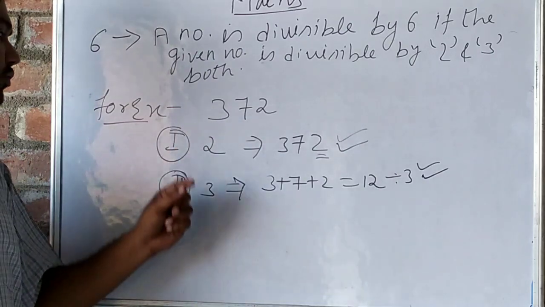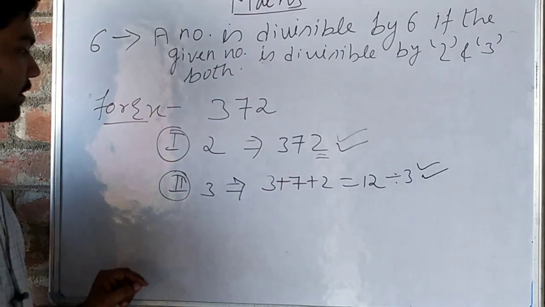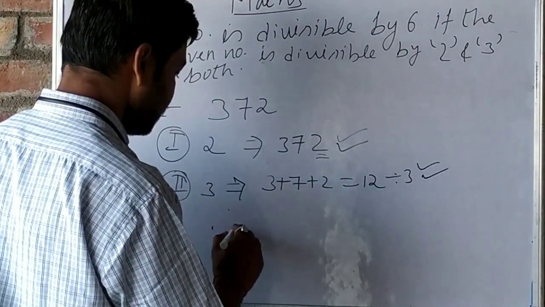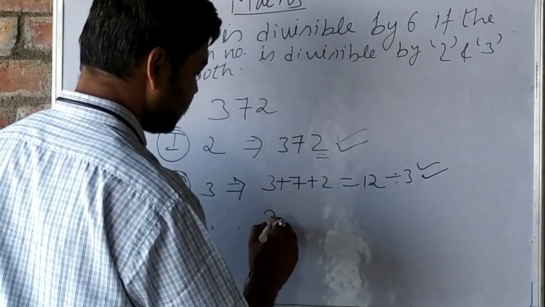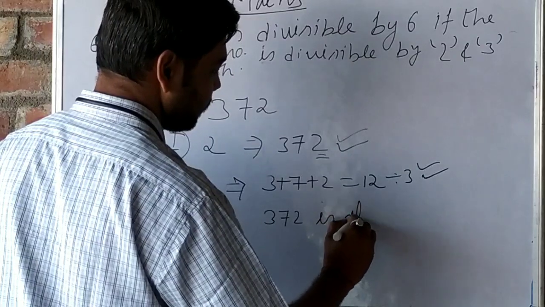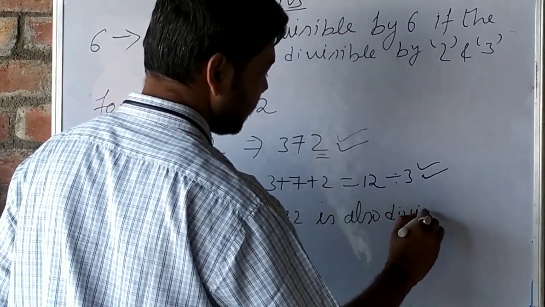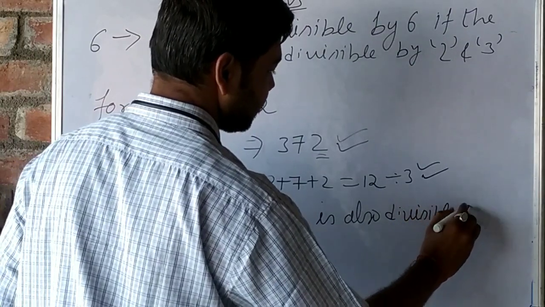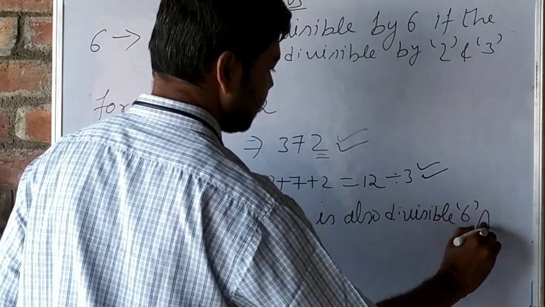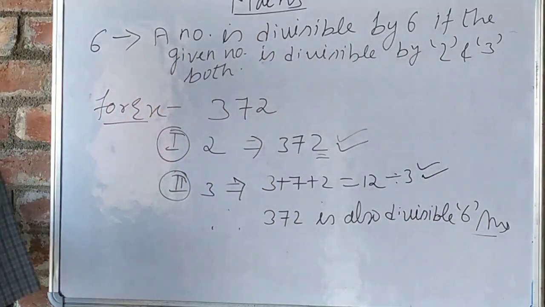Now 372 is divisible by 2 and also divisible by 3. Therefore, we can say that 372 is also divisible by 6. Understand? This is the answer.